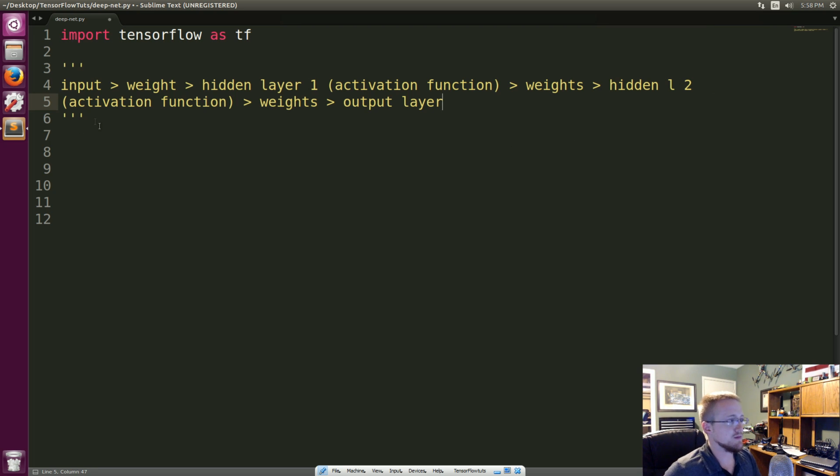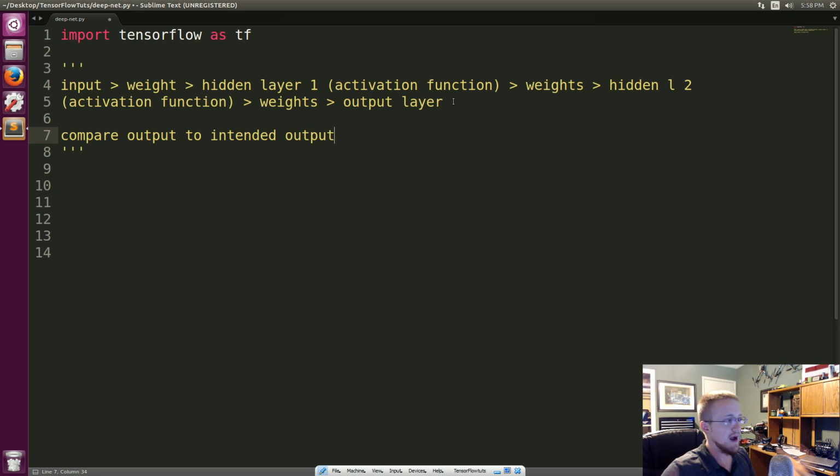I'll leave it that simple for now. So that's what happens. And in a typical neural network, we pass data straight through, okay? That passing of data that goes straight through to the very end, that's feed forward. So this is a feed forward neural network. We pass that data straight through, and then at the end of it, we compare the output to the intended output.